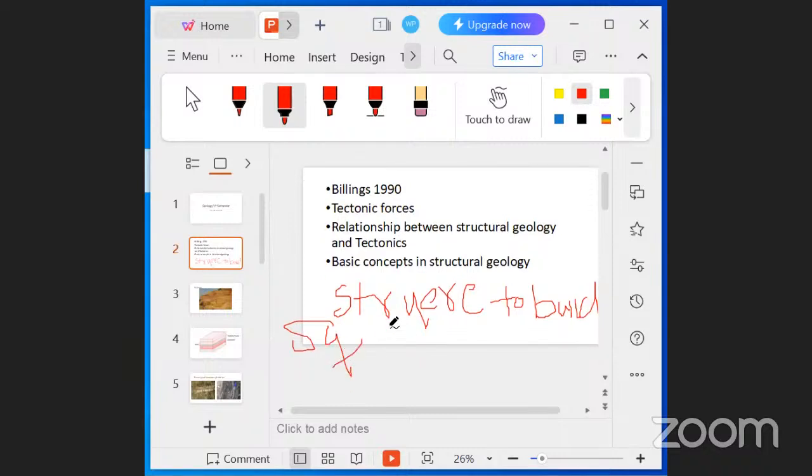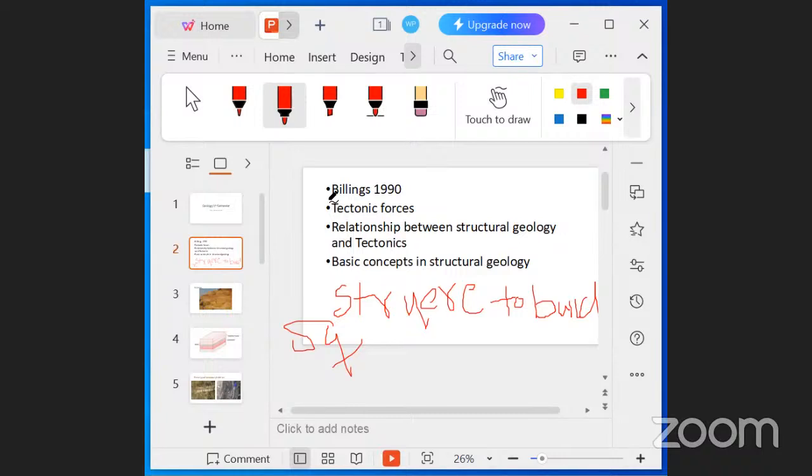Now let us define what is structural geology. Structural geology is the study of the architecture of rocks insofar as it has resulted from deformation.